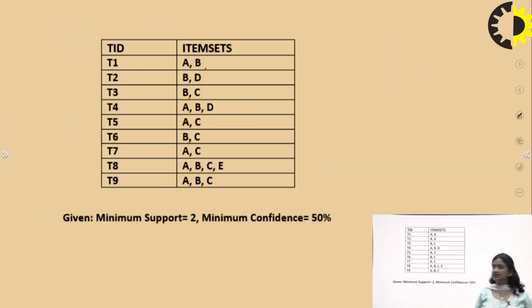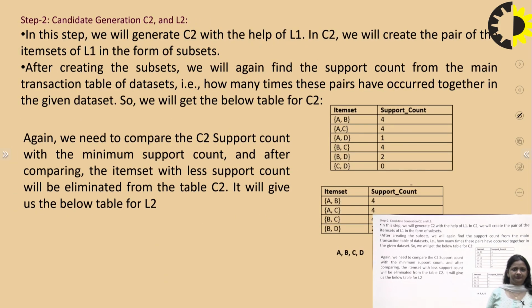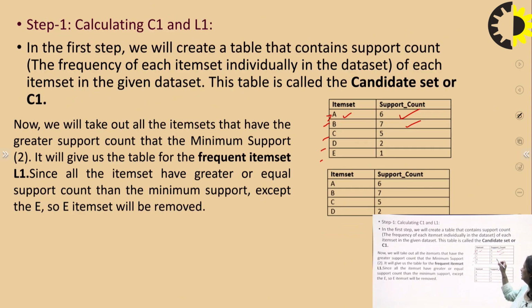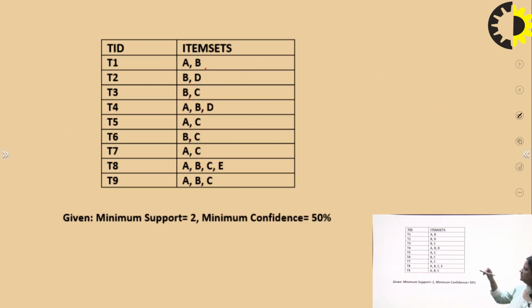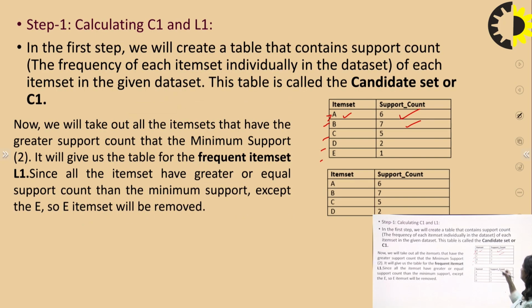For item C, the support count is 1, 2, 3, 4, 5, 6, so the support count is 6. For D, the support count is 2, and for E, the support count is 1. So this is the table which we denote by C1, the candidate set for one item sets.